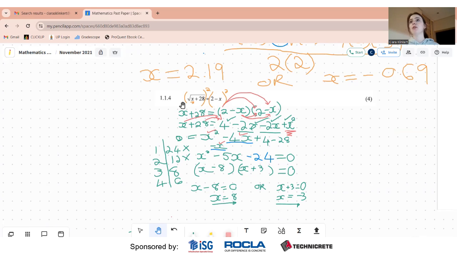And before you square a square root in an equation, you need to make sure that all other terms are on the other side of the equal sign. And when you square the square root, you need to square the whole of the other side and FOIL the other side. Otherwise, you will make mistakes.